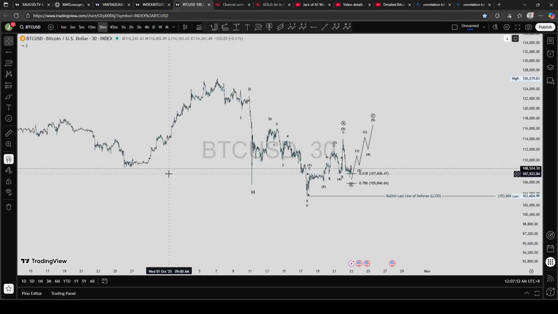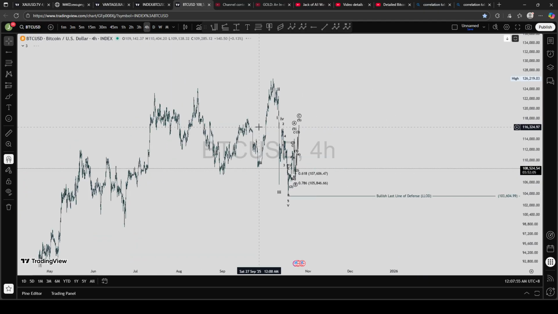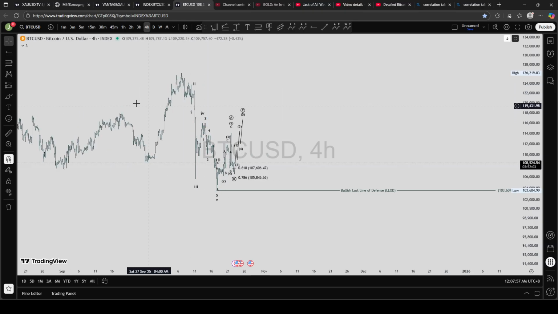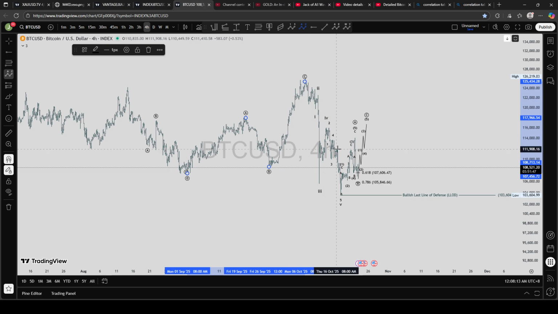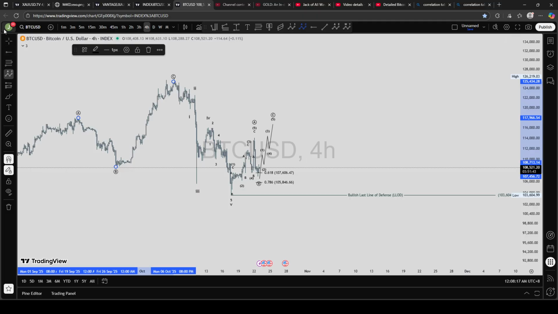So we have here the expanded flat scenario. To illustrate it quickly, let me label this as wave 5, or wave 3 by the way. Then this is the A, B, C, A, B, C, and then the 5 waves down is for the expanded flat scenario. So we will see.